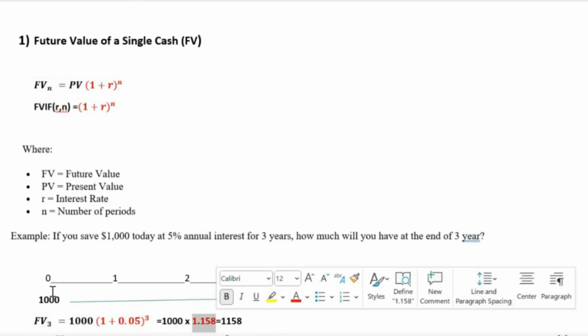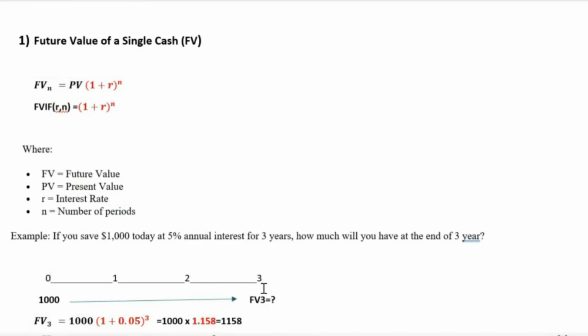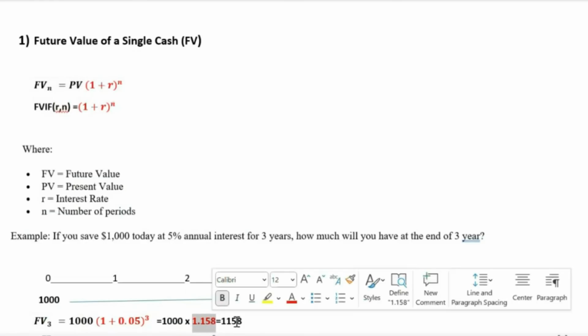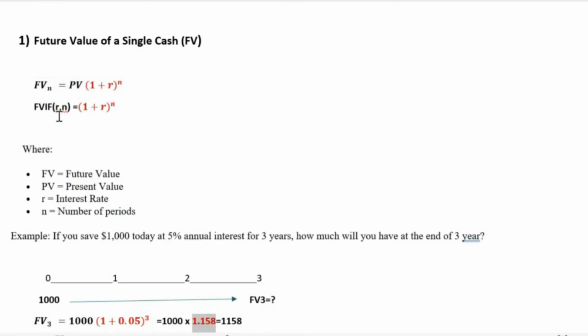That means if you save $1 today, after 3 years, $1 will become $1.158. What about $1,000? You just multiply by $1,000. We mentioned earlier, this is referred to as the future value interest factor. It is like an exchange rate, enabling us to exchange today's dollar to a future equivalent amount.